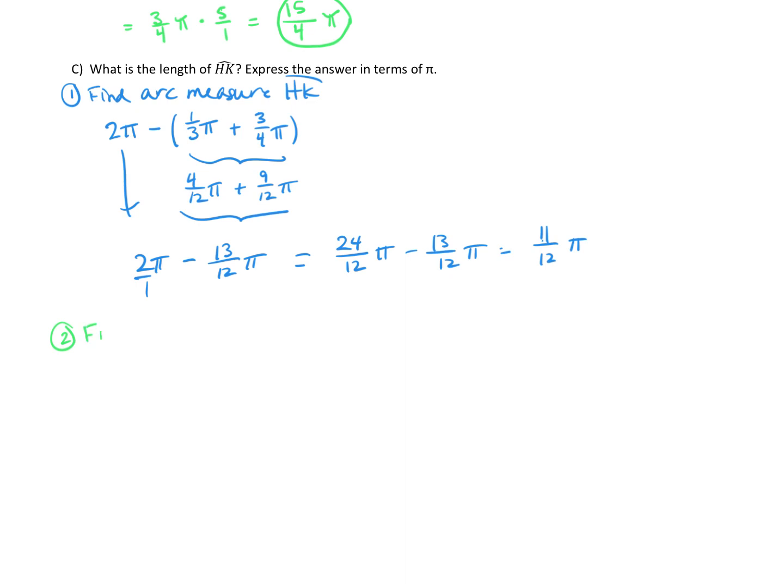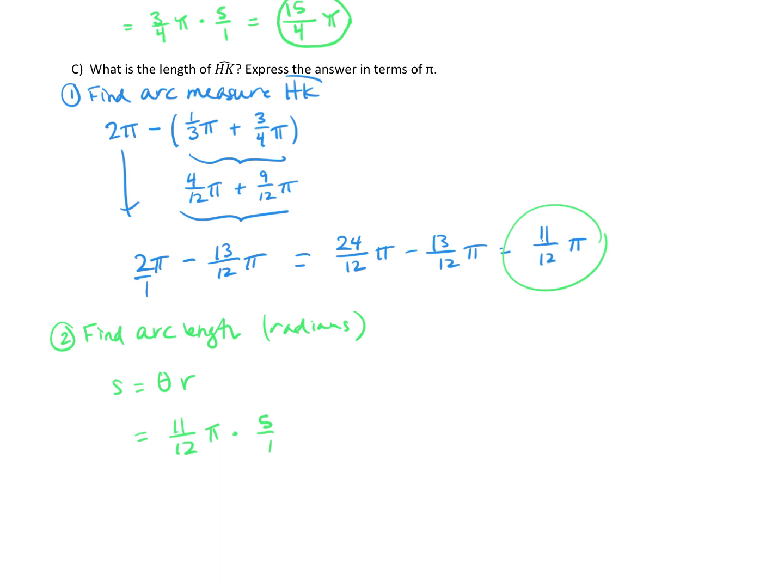So step 2, let's find the arc length. We are talking radians, so we get to use our arc length formula in radians. S equals theta times your radius. Well, we just figured out theta is our arc measure. So that's 11/12 pi times the radius for this same circle, which is 5. So I'm going to put that as 5/1.